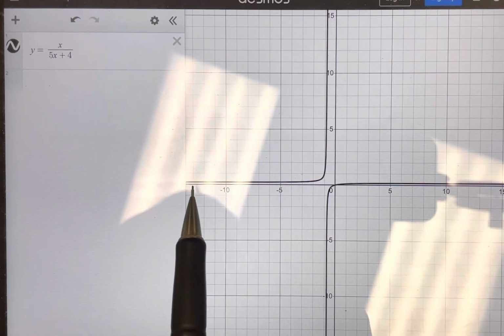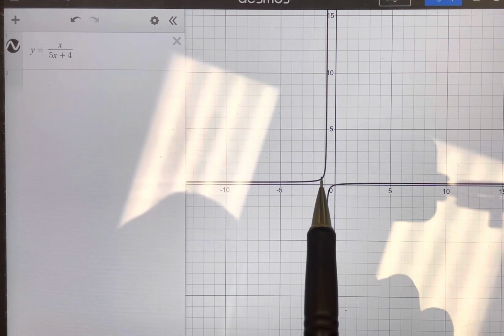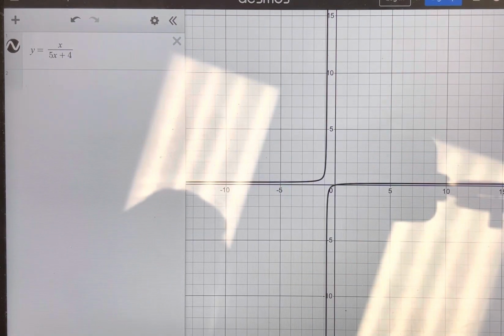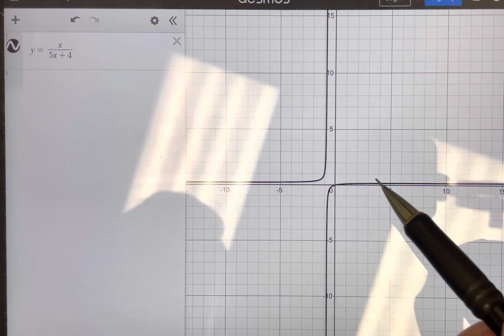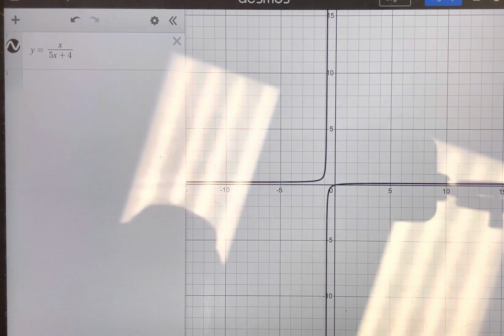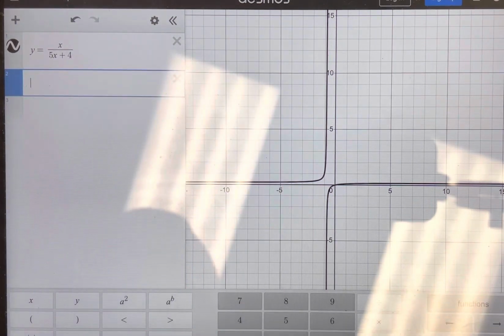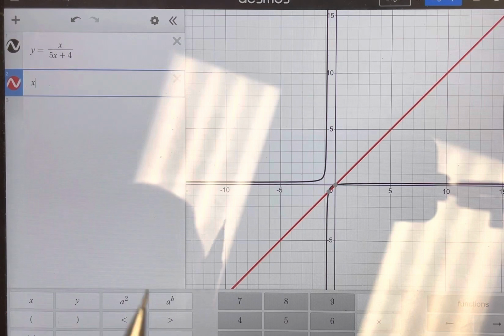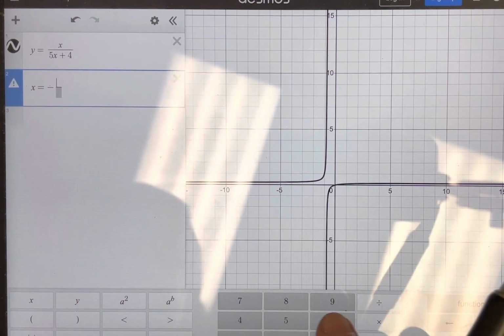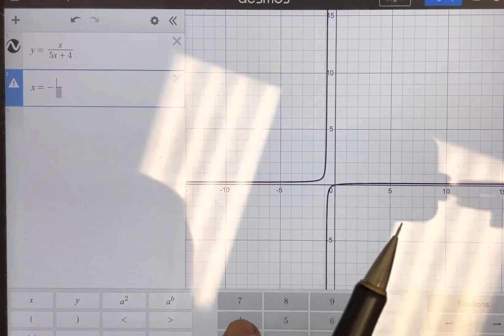As the graph comes in from negative infinity, it goes up and starts to hug a vertical line. As the graph comes in from positive infinity, from the right, it goes down and hugs the vertical line, never crossing it. And we think that vertical line is x equals, so let's graph it. x equals negative 4/5.